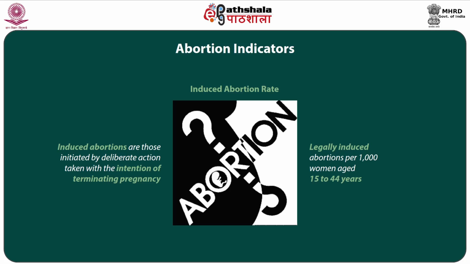The definition of induced abortion is that these are initiated by deliberate action taken with the intention of terminating the pregnancy. Deliberate action with the intention of termination of pregnancy is considered as induced abortion. All other abortions are considered as spontaneous abortion.